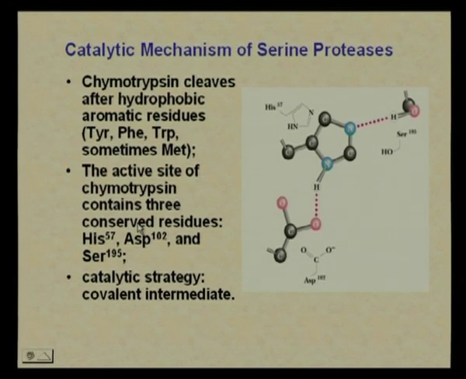Conserved means it is the same for practically all species. Okay. So, we have histidine 57, aspartic acid 102 and serine 195, and the catalytic strategy in this case is to form a covalent intermediate. But we have to remember that this covalent intermediate has to be broken, because we have to get the serine back to where it was.